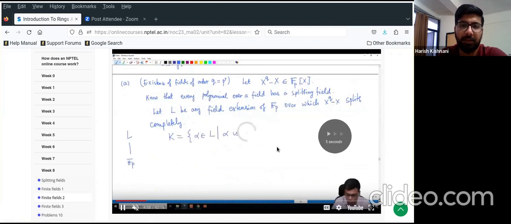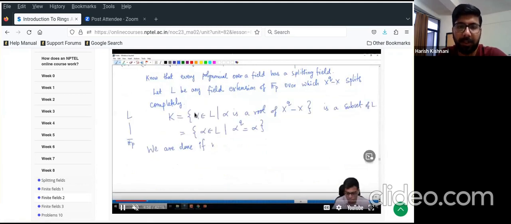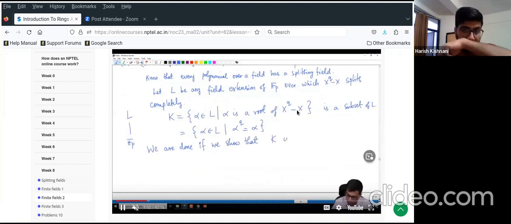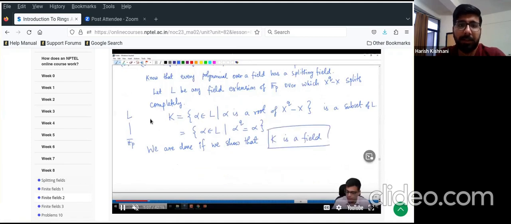Then K is the set of alpha belonging to L such that alpha is a root of x^q minus x. So this is just a subset which contains each and every root of this polynomial, and the elements of this subset satisfy the property that alpha raised to q is alpha.